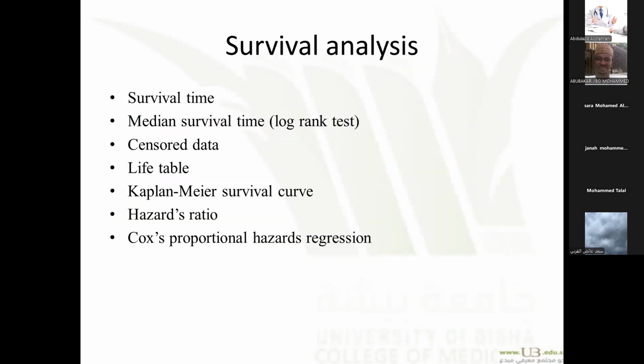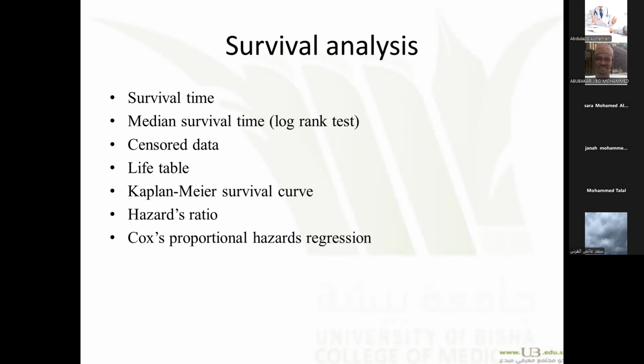Now, another analysis is survival analysis. This is where you are trying to find out, following a particular event, for how long the affected individual survives. So what is the median survival time?